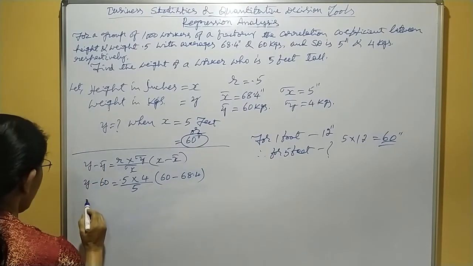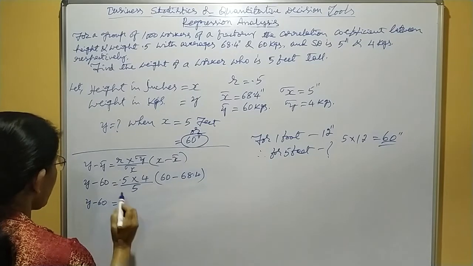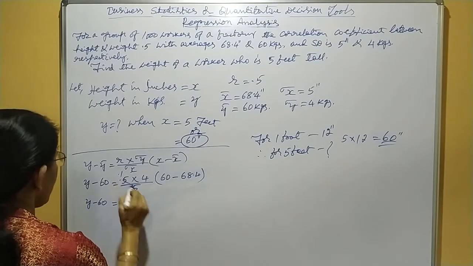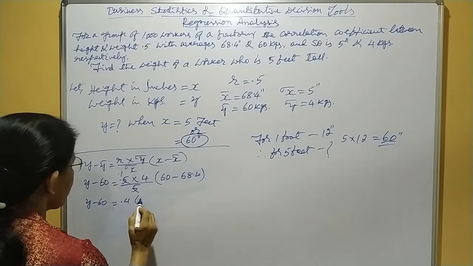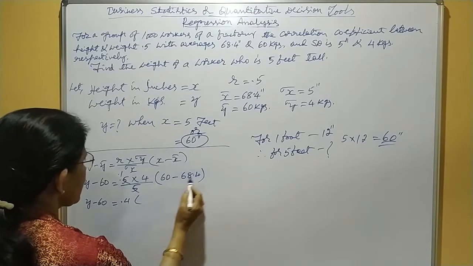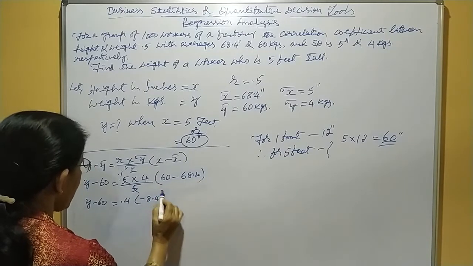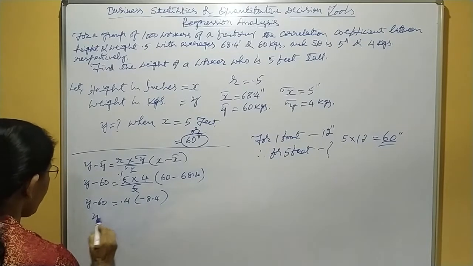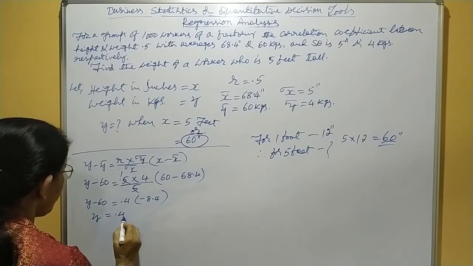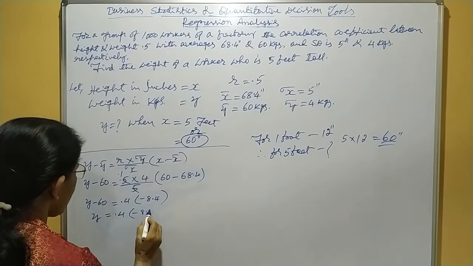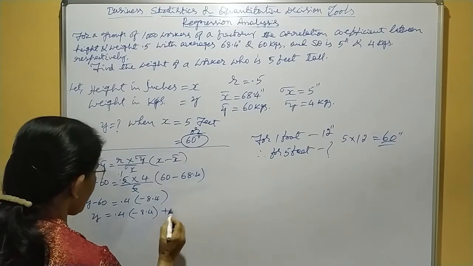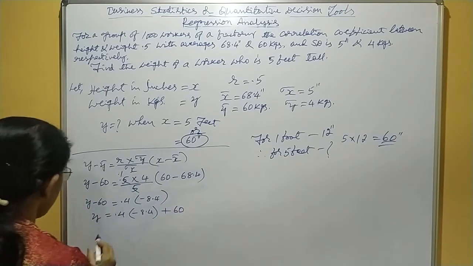68.4. y minus 60 equals 0.4 into 60 minus 68.4, difference is 8.4, highest value sign minus. Now y equals 0.4 into minus 8.4, this minus will become plus 60.